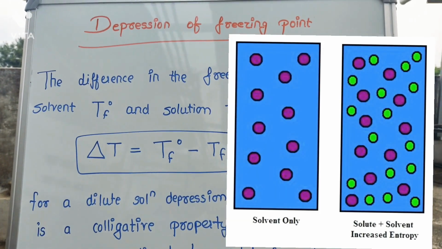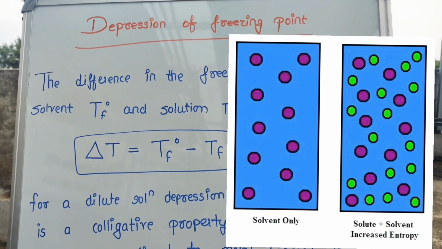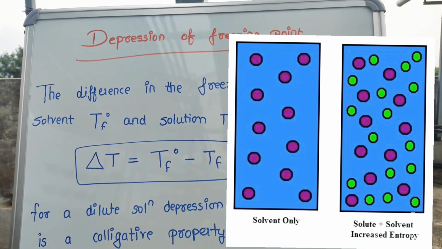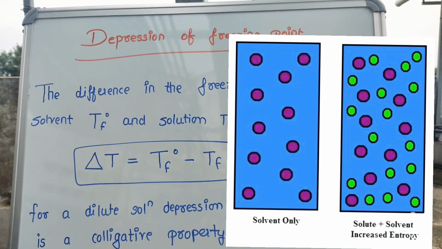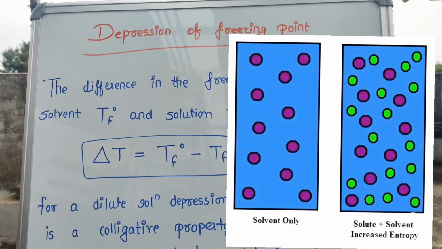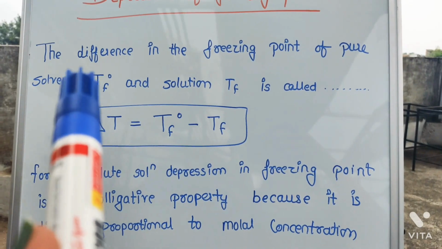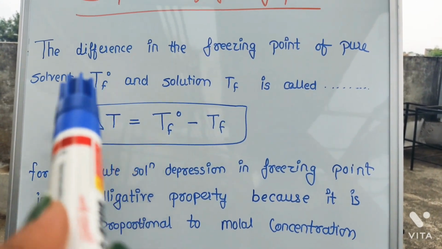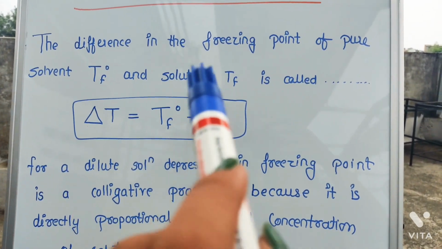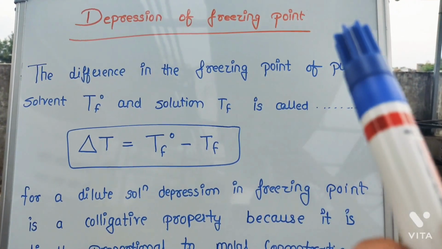Next is the depression of freezing point. The explanation for freezing point depression is simply that as solvent molecules leave the liquid and join the solid, they leave behind a smaller volume of liquid in which the solute particles can roam. The difference in the freezing point of pure solvent, that is T0F, and solution, TF, is called the depression of freezing point.